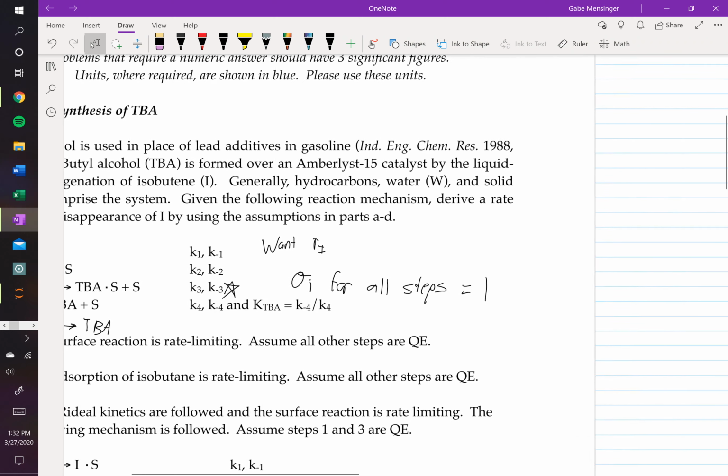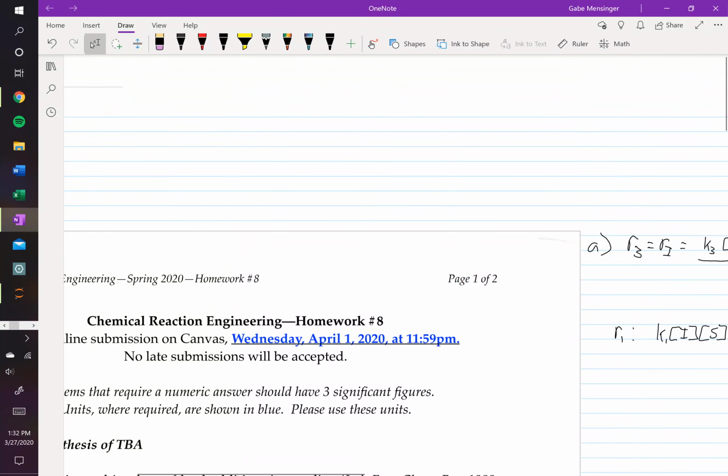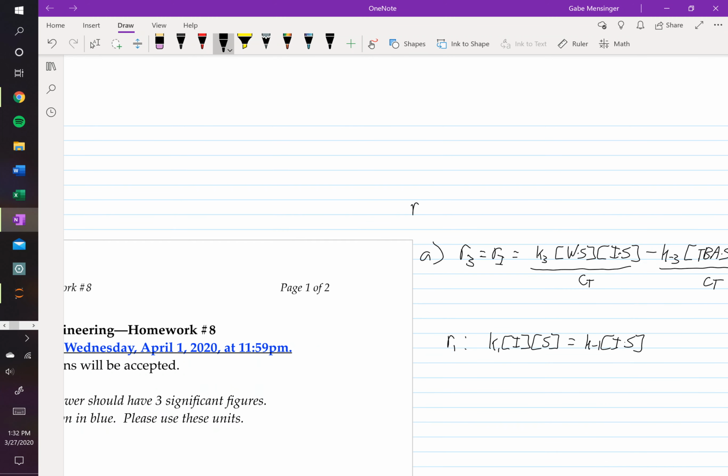Because the stoichiometric coefficient of I is just 1, we can say that R is equal to Ri over nu I, which is equal to R1 over minus 1. So R is equal to negative Ri. And we said that the rate limiting step, the rate, is R3. So that makes R equal to R3. By that logic, R3 will be equal to Ri.